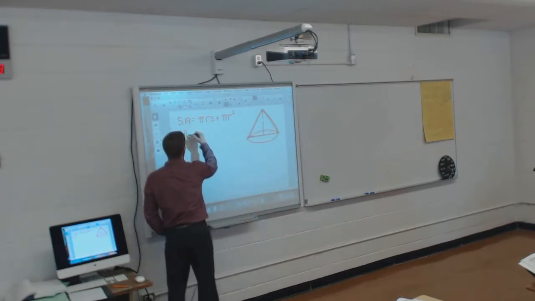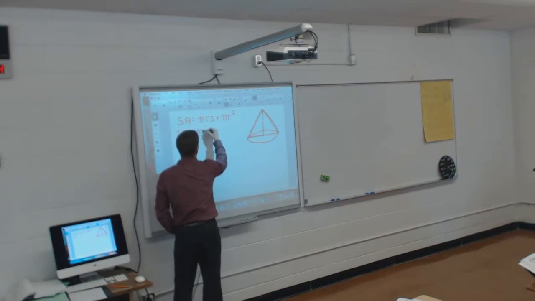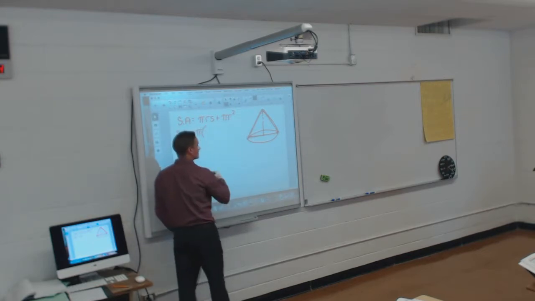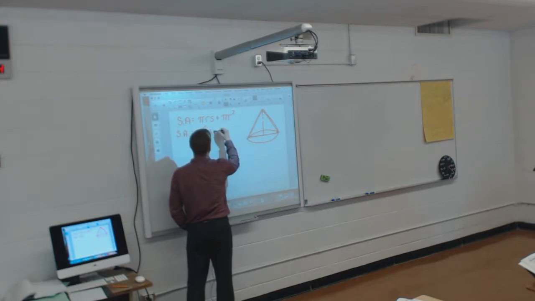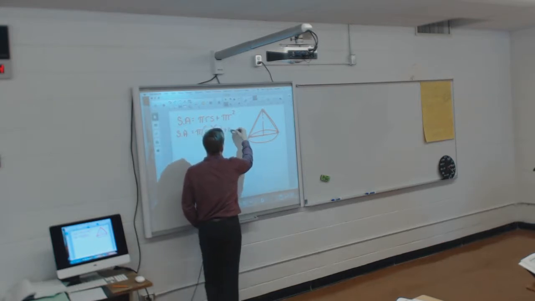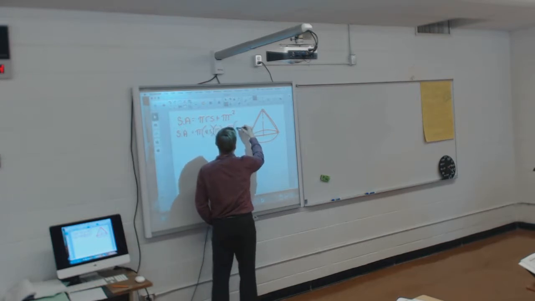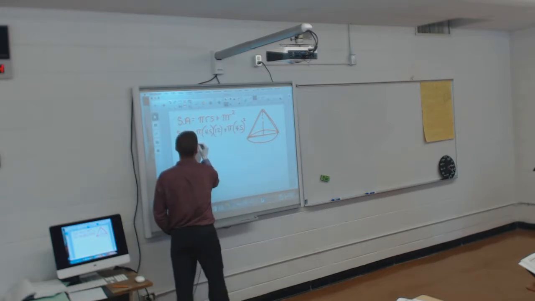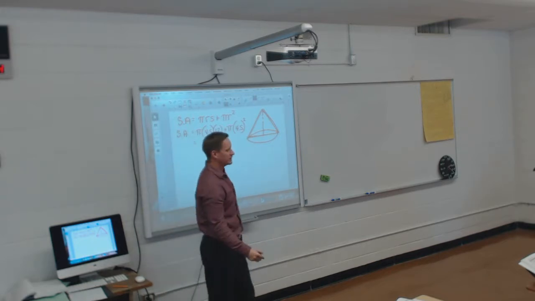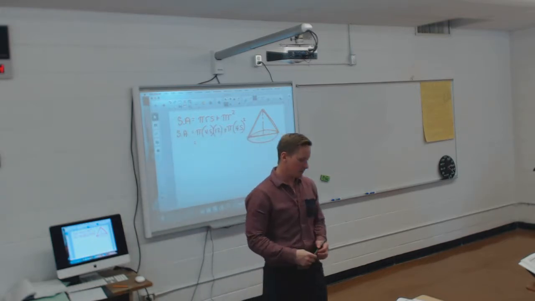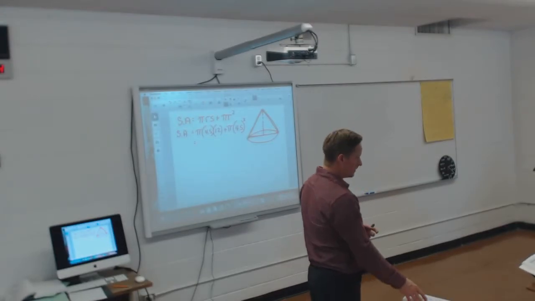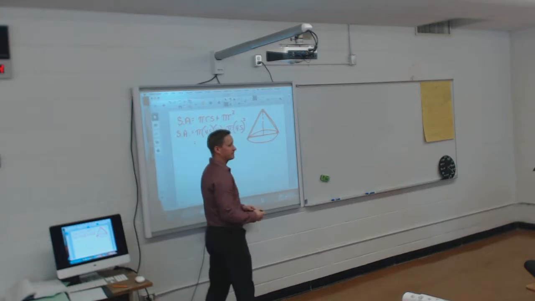So, surface area equals pi. What's the radius of that circle? 4.5. Slant height? 12 plus pi times 4.5 squared equals. All right, so let's use our calculators. Everybody take your calculator out. Punch it in, and what do we get?